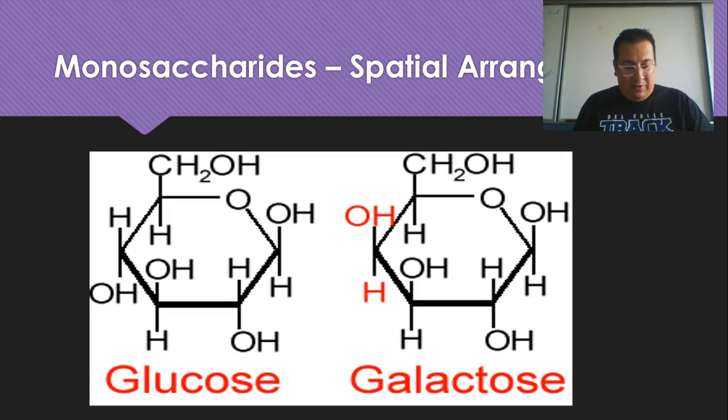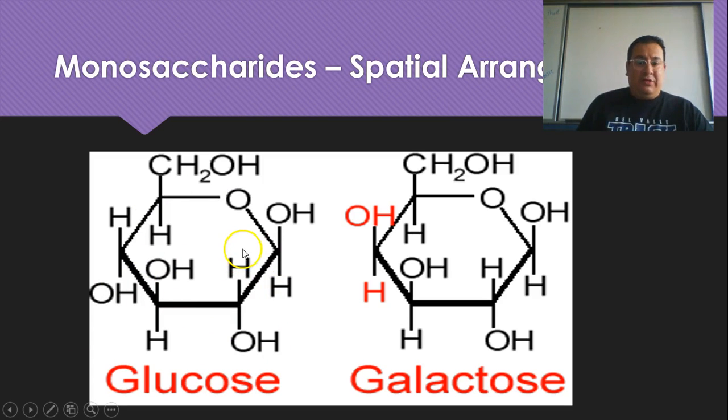One thing you have to remember here is spatial arrangement. Spatial arrangement is the arrangement of the atoms around the structure. Here we have glucose. Glucose is what we need for our primary source of energy. Galactose, on the other hand, has a different arrangement of these molecules here.